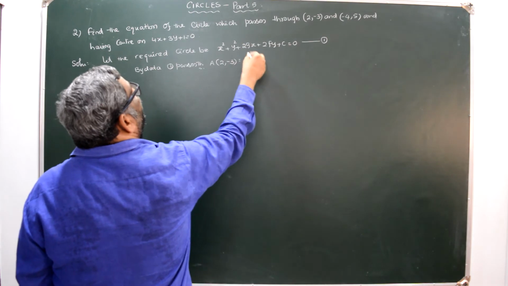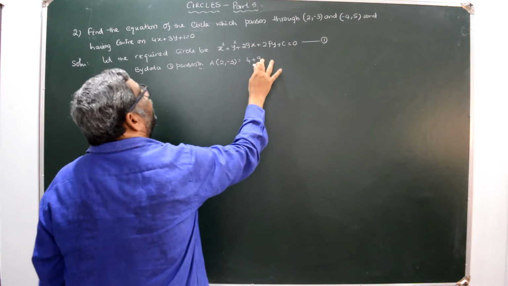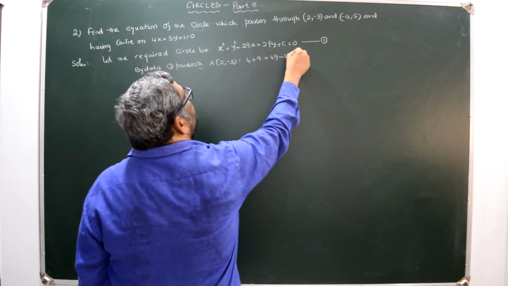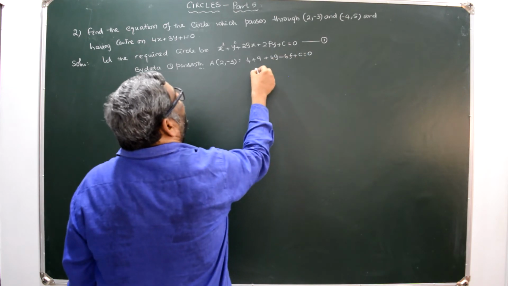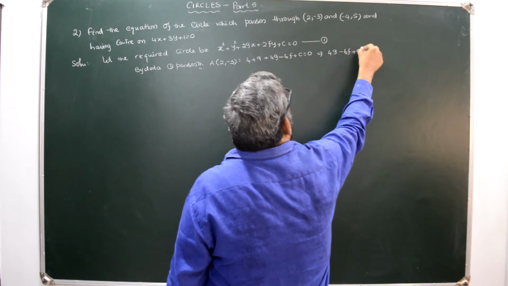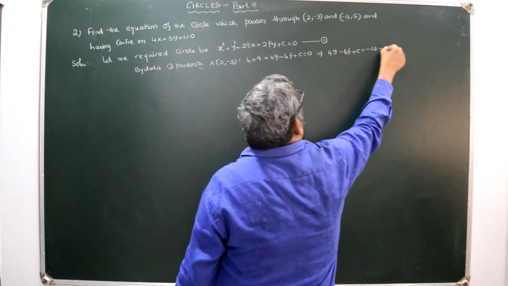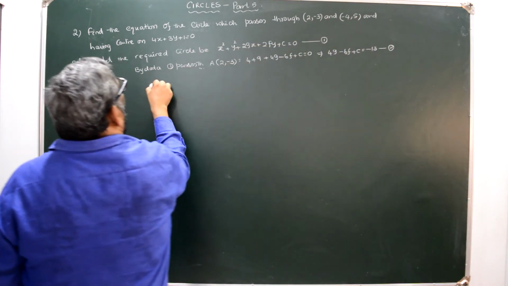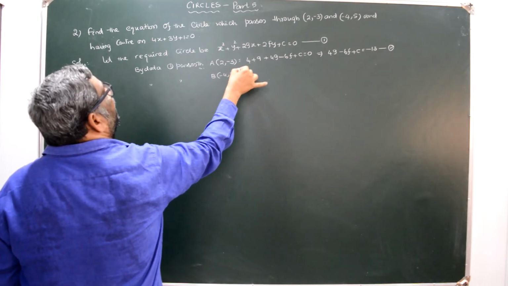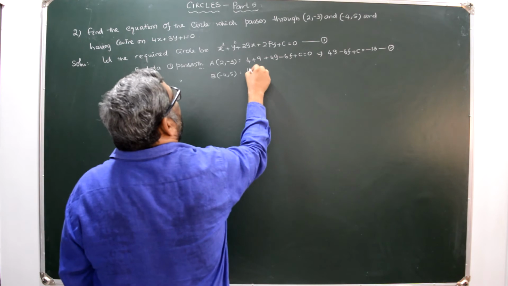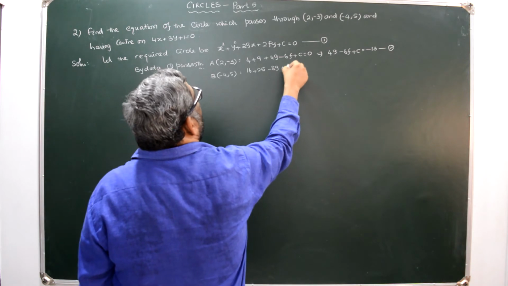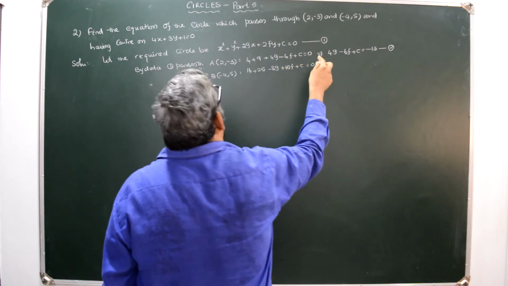You can substitute here 4 plus 9 plus 4g minus 6f plus c is equal to 0. I mean 4g minus 6f plus c is equal to minus 13. You can call this as a second equation. 1 passes through B (-4, 5). I mean 16 plus 25 minus 8g plus 10f plus c equal to 0.